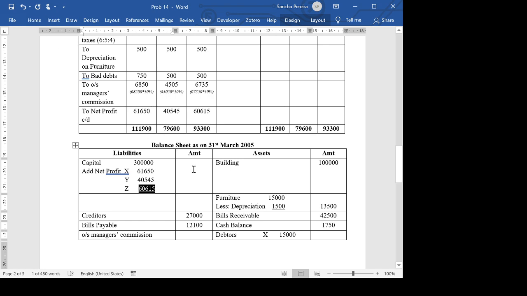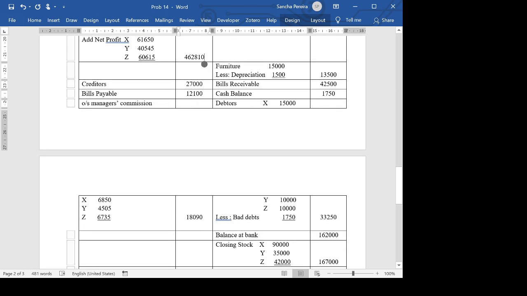We will get a total of 3 lakhs plus 61,650 plus 45,405 plus 60,615, which is 462,810. Okay, now we can just check if the balance sheet is tallying.